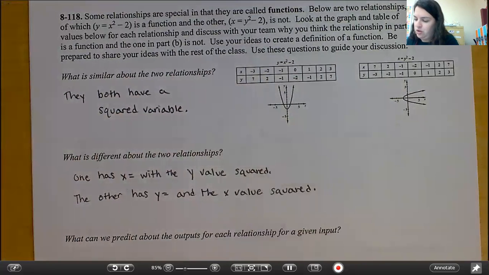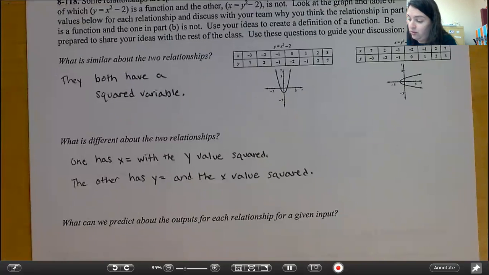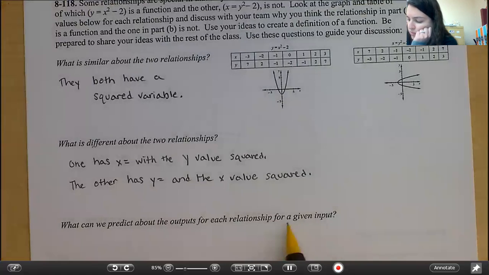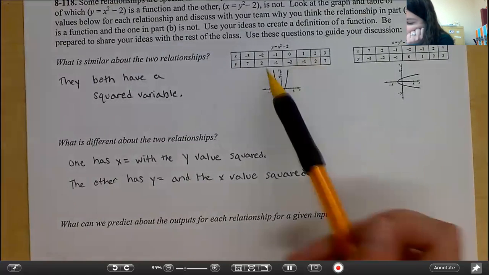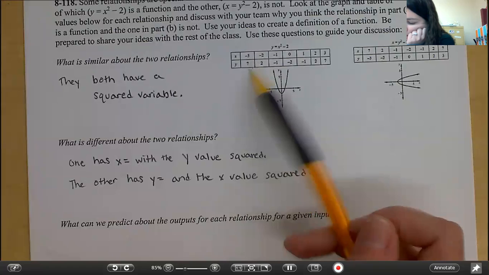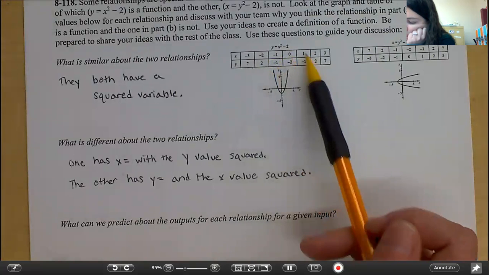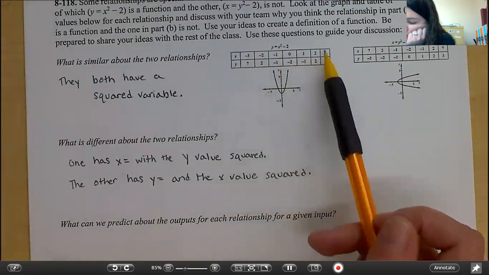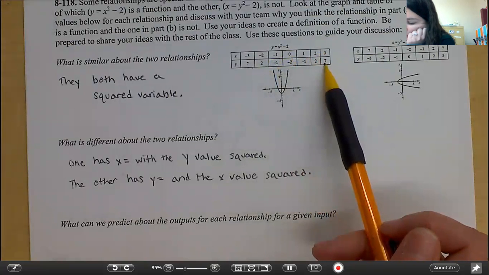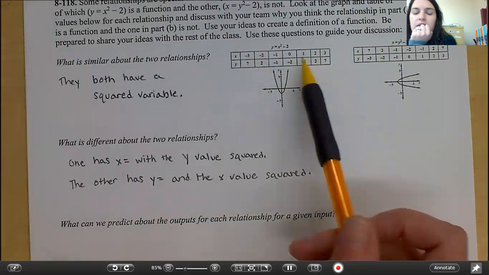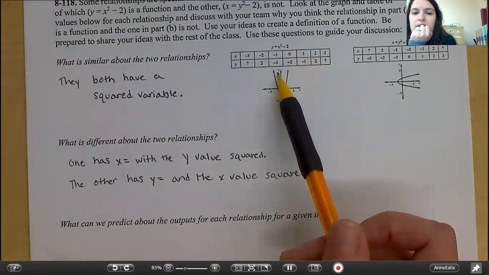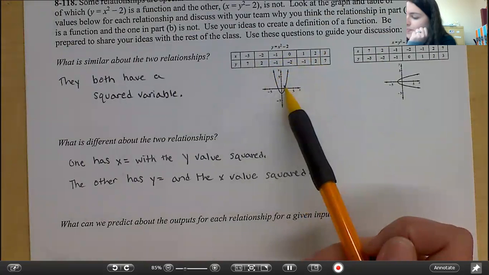What can we predict about the outputs for each relationship for a given input? So here, if I have (-3, 7), (-2, 2), (-1, -1), (0, -2), (1, -1), (2, 2), (3, 7). Okay, so here we have some repeat y's.